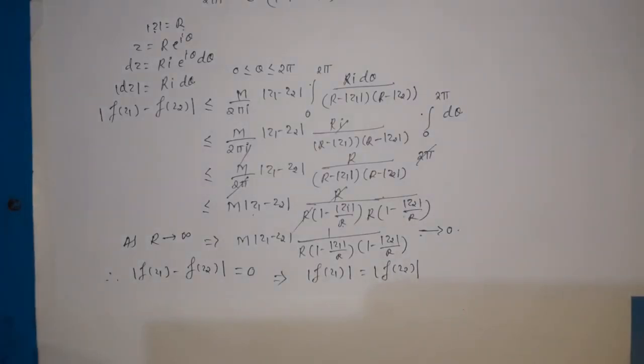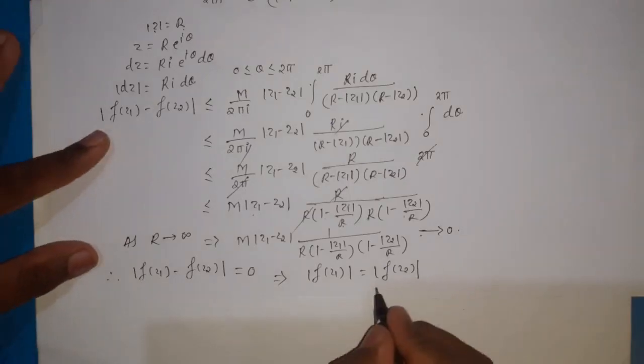So here we are getting the same modulus for two different points. As we told earlier, whenever we get the same modulus, the function is having equal modulus at two different points. It is possible only when the function is a constant function.